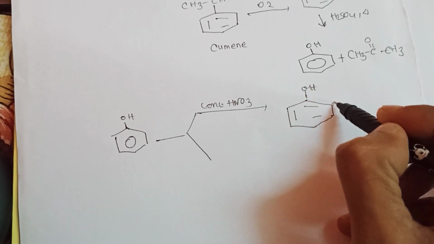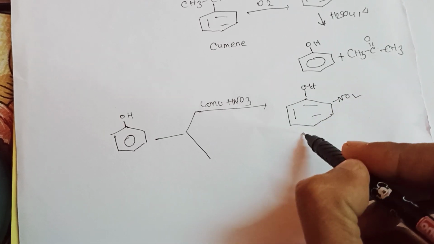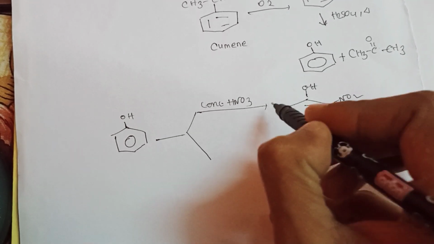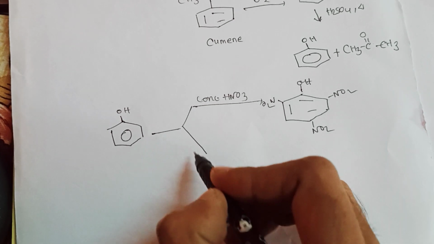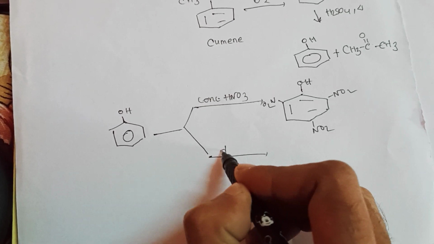Here NO2 is attached at the 2, 4, 6 positions. It is called picric acid or 2,4,6-trinitrophenol.